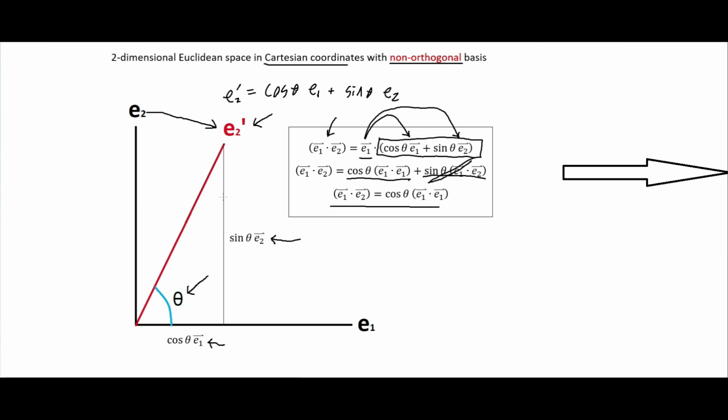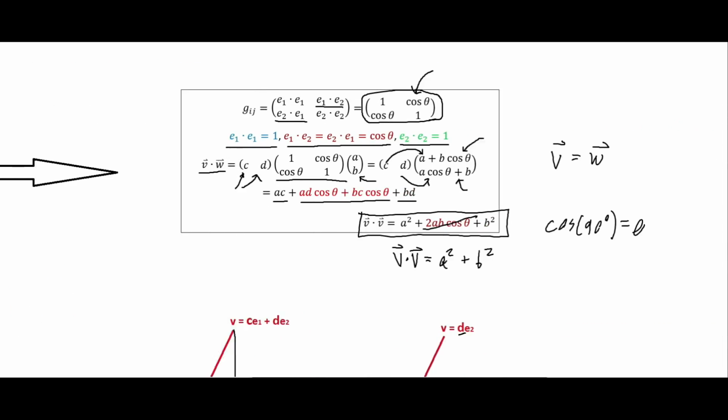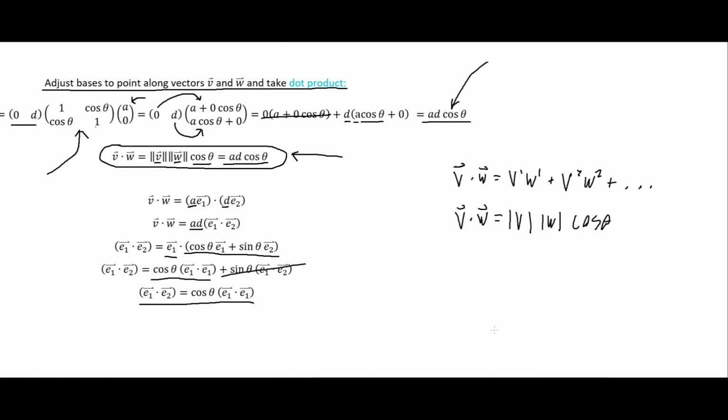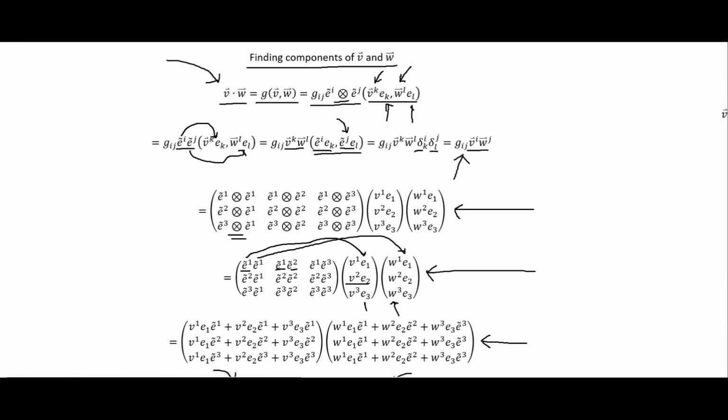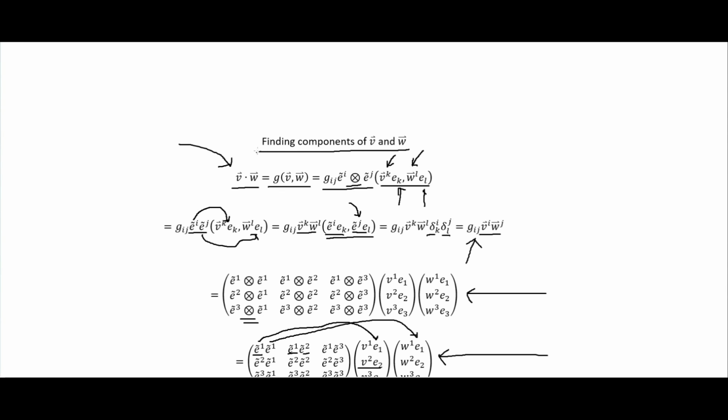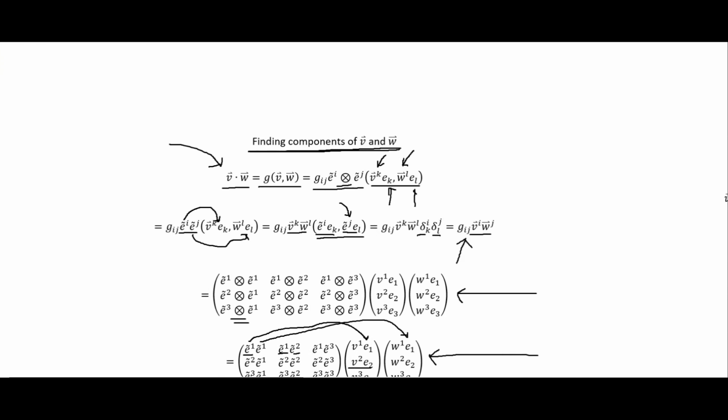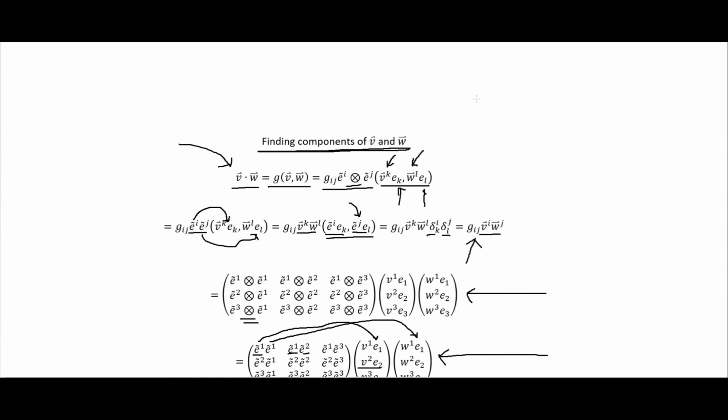So it gives us the dot product, which like I said has these two forms here, and it also can let us find the components of V and W.